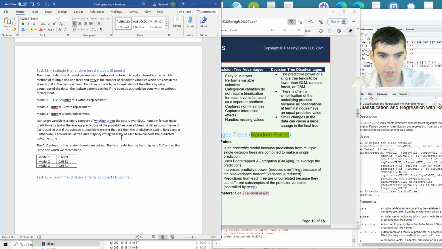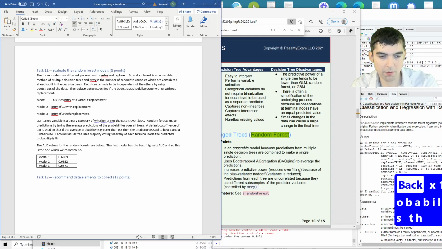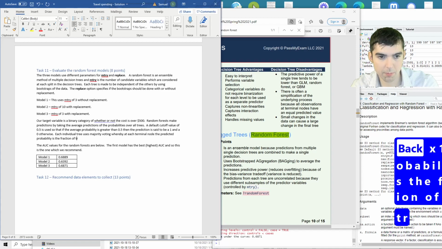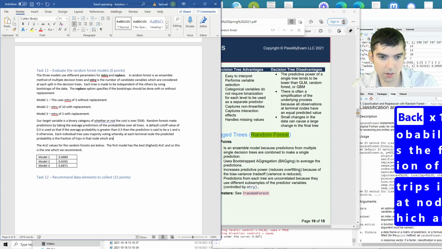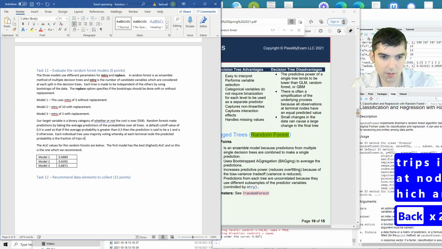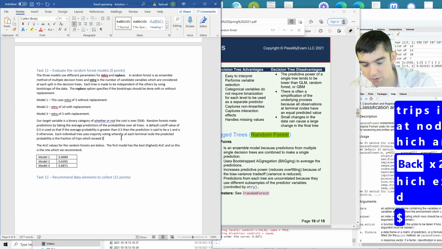So each individual tree uses majority voting, whereby at each terminal node, the predicted probability is the fraction of trips which exceed $500.